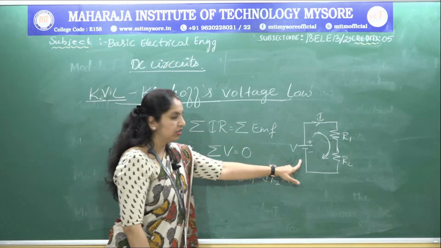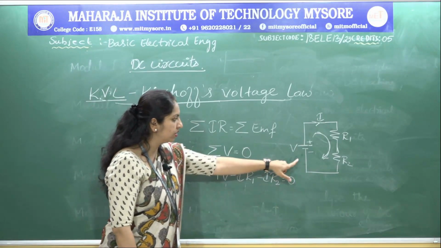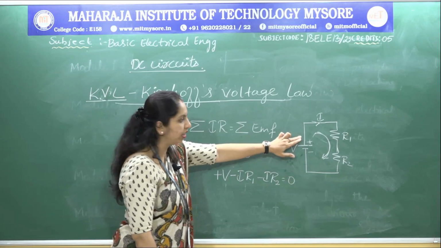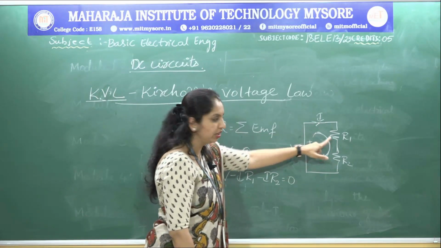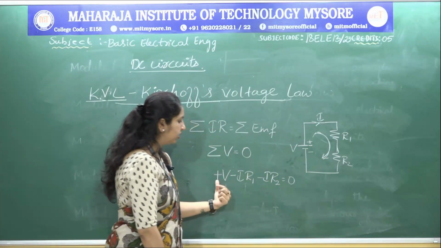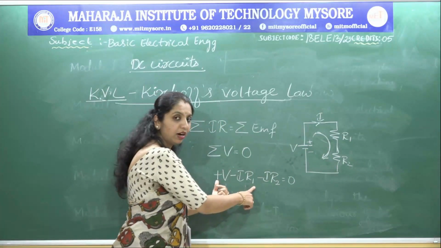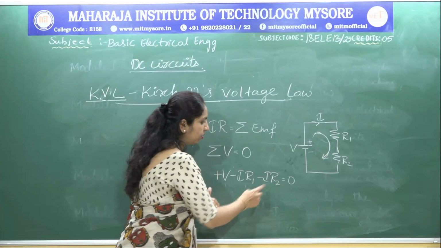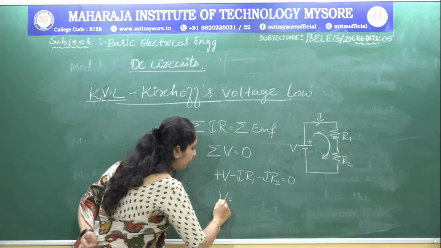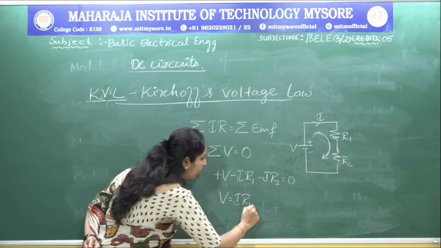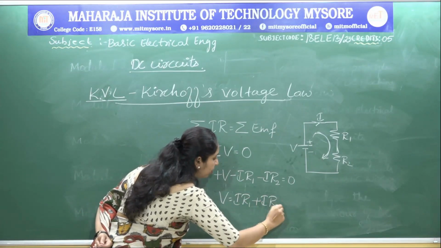Now look at the circuit. This is raising voltage, then there will be a drop in voltage, so this is considered as plus V minus I into R1 minus I into R2 is equal to 0. In another way this can be written as V is equal to I into R1 plus I into R2.